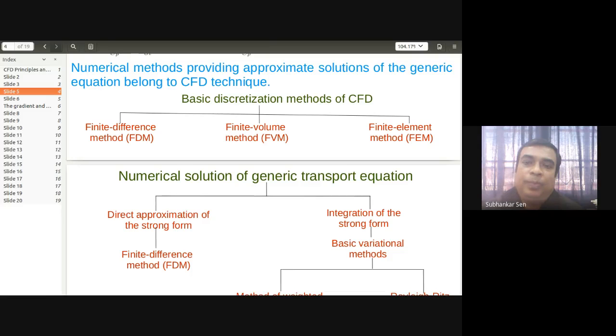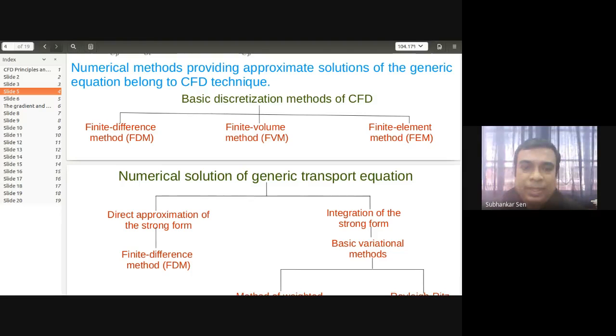In the finite volume method, we take the weight function to be always 1. In the finite element method, we don't force it, so we allow it to vary between 0 and 1. Since in finite volume we force it to be 1 always, we get somewhat less accuracy compared to the finite element method for the same problem. So we can say that the finite volume method is a special case of the finite element method. Just briefly, I mentioned the differences between FDM, FVM and FEM.